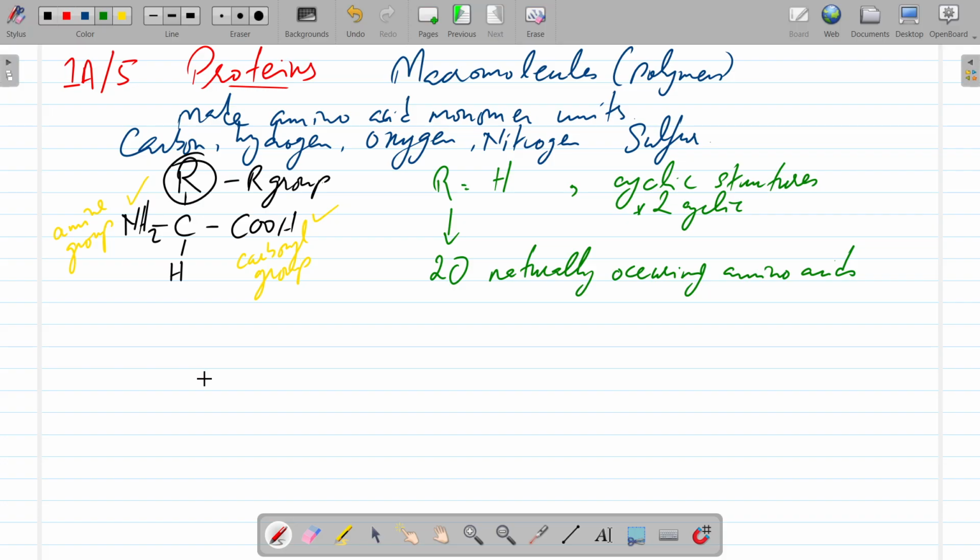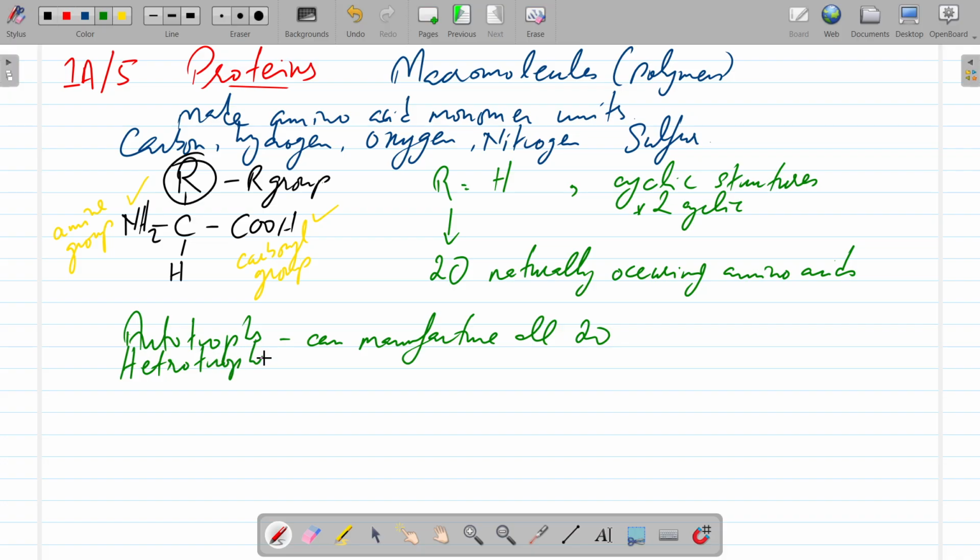Plants are able to manufacture all 20 of them naturally. Animals, or what was the term we used, autotrophs and heterotrophs, right? So the plants being autotrophs can manufacture all 20, and the heterotrophs obtain it from other sources.